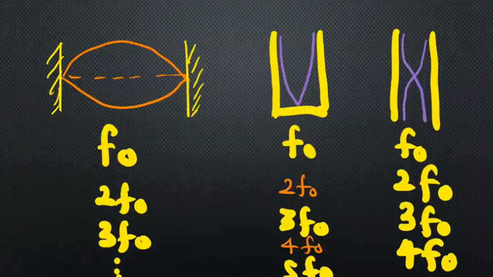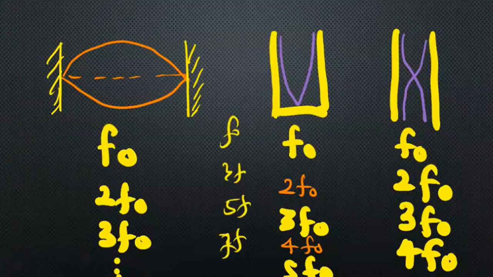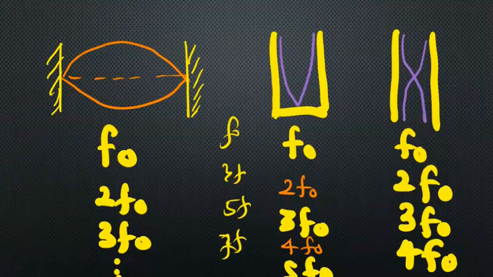So it goes f0, 3f0, 5f0, 7f0, likewise. And again, in an open tube, we get all the frequencies f0, 2f0, 3f0, 4f0. Remember that. These are the equations we get from stationary and progressive waves.